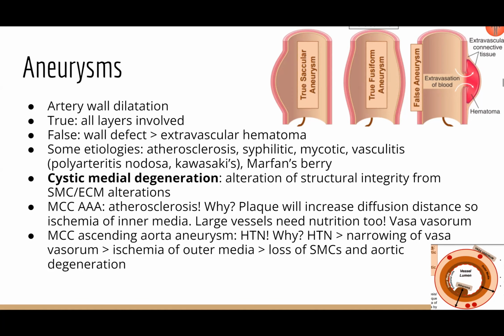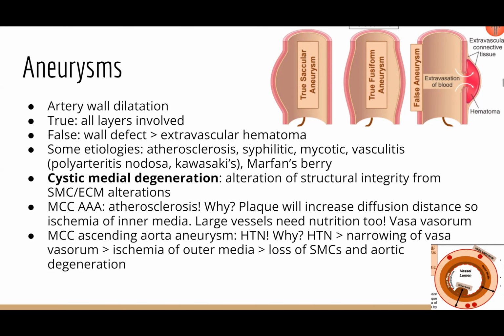And then Berry aneurysms are associated with a bunch of different things, but Berry aneurysms are very bad because they can lead to a subarachnoid hemorrhage if they are ruptured. The big thing here, remember this cystic medial degeneration. So you have alteration of the structural integrity, again, from the smooth muscle cell and extracellular matrix alterations.